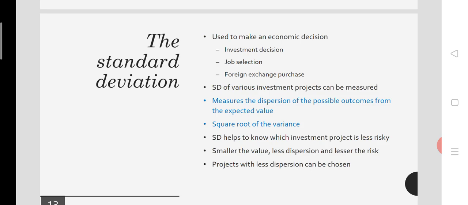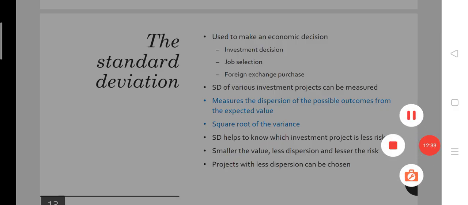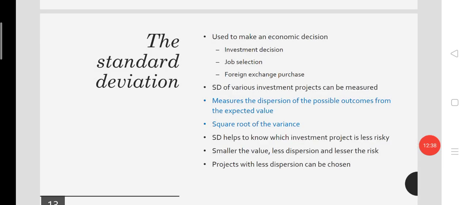The investor should go for the investment project with lower variability. Higher variability shows higher risk, lower variability shows lower risk. So we have to minimize the risk, but we need to earn something not less than the other investment projects.